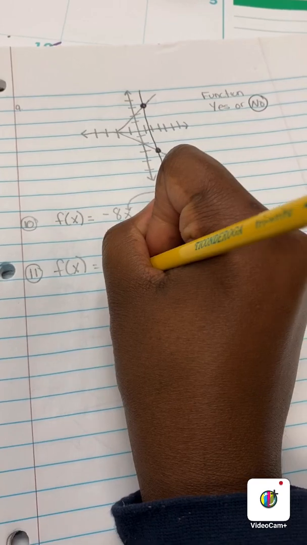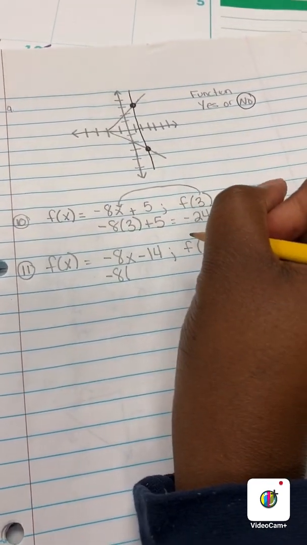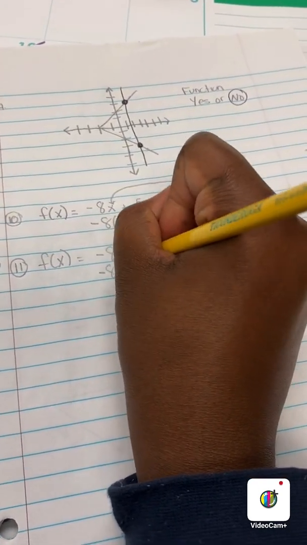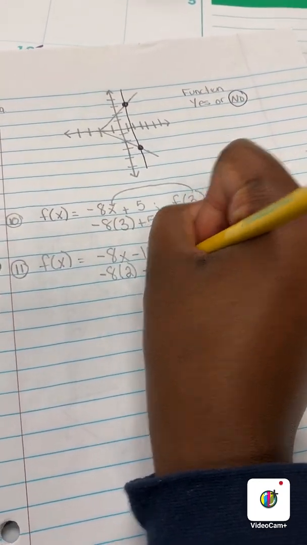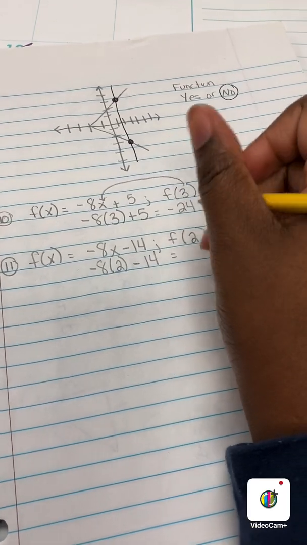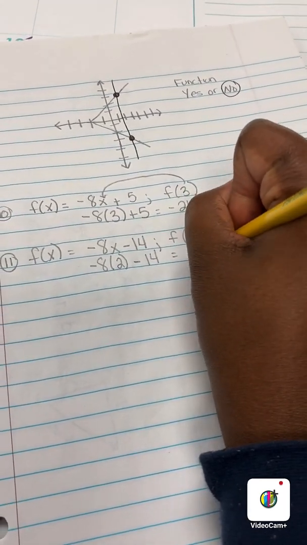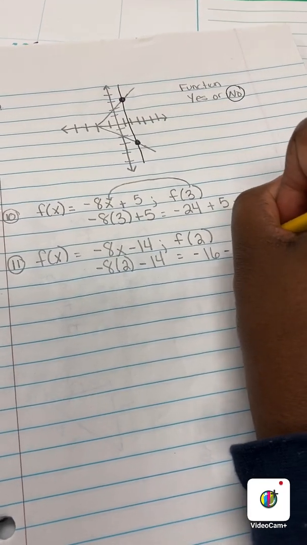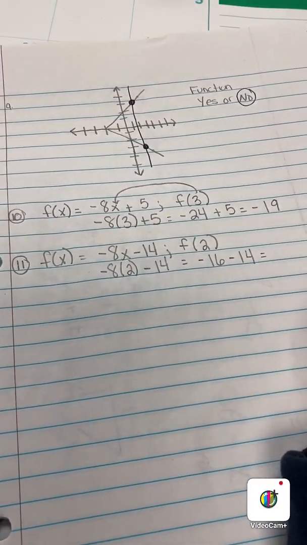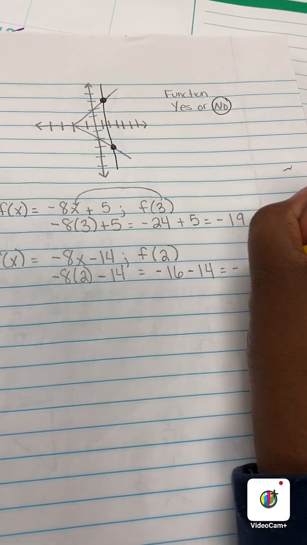So I have -8 times 2 minus 14. We have -16 minus 14, which is going to give us -30.